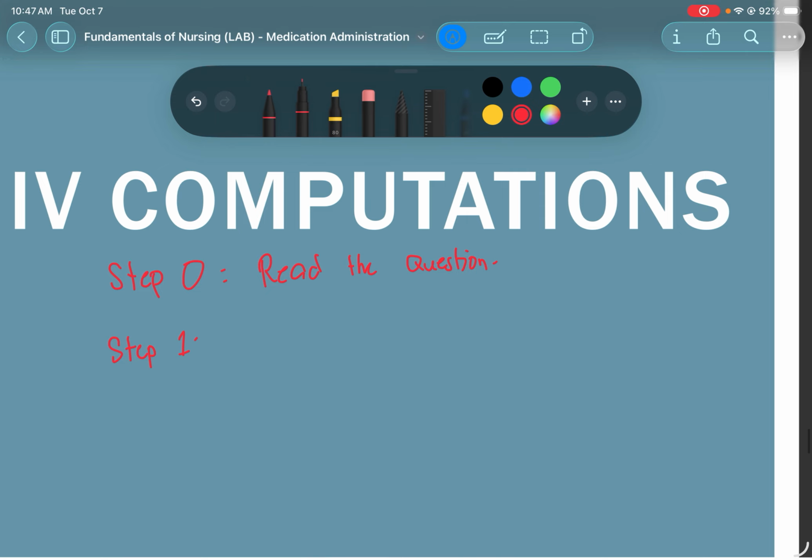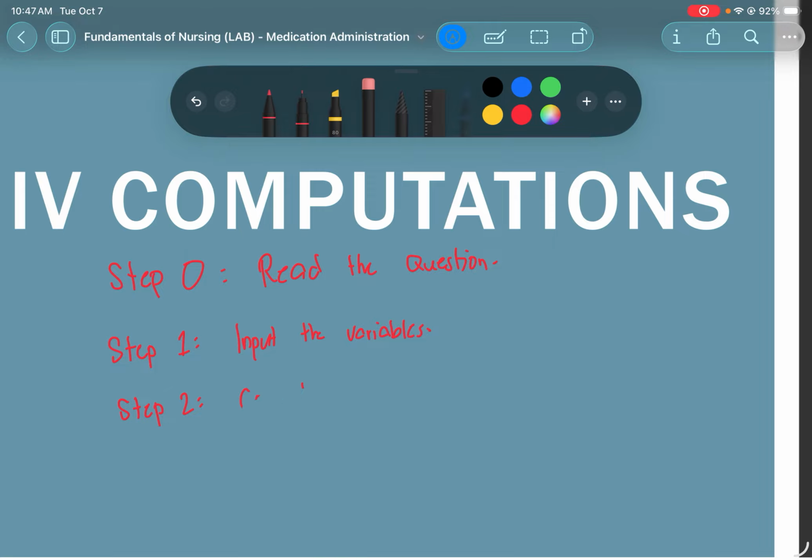Step 1 is then you will input the variables. Input the variables. So there's a lot of variables here, and we need to follow the formula. Don't worry, I will give you the formula later. Step 2 is convert.